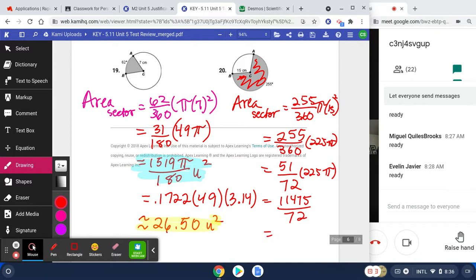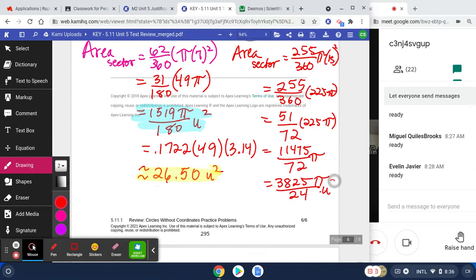And that can be divided by 3. So we're going to go 3825 pi. Actually, it can be divided by 6 at least. Let's see if it can be divided by 12. No. Okay, so 72, it could just be divided by 3, guys. Okay, and this is units squared.